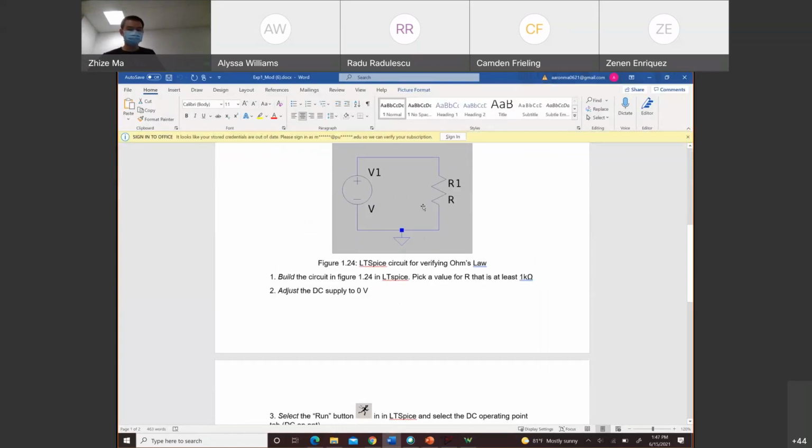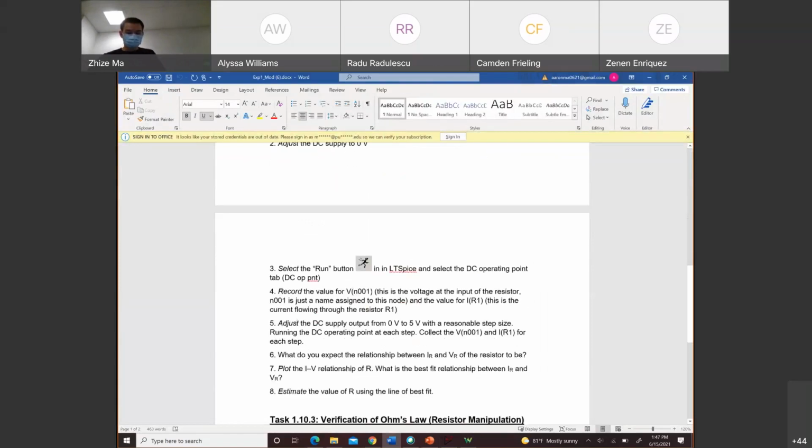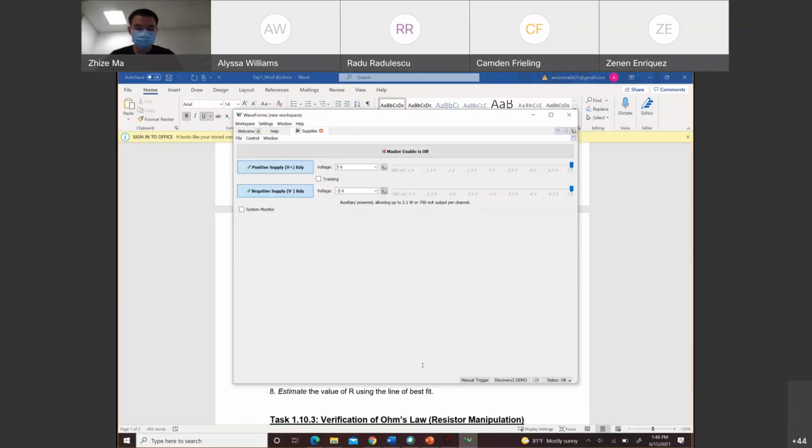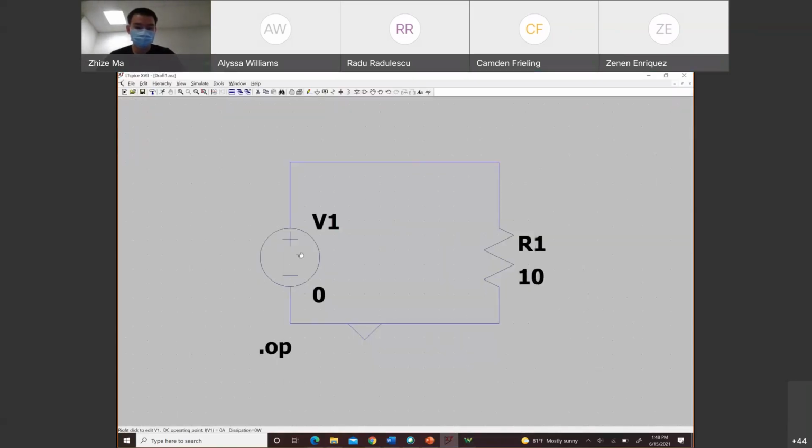So you build this circuit, and then you run this. If you check question number 5 in task 2, you will need to adjust the DC supply voltage. So you manually change the voltage here.